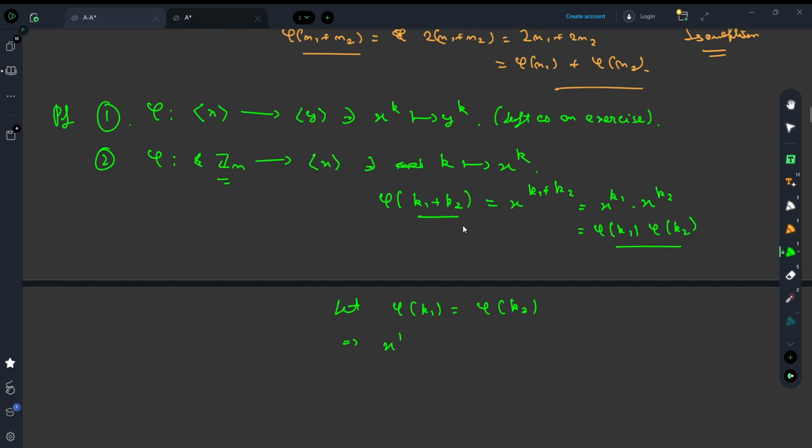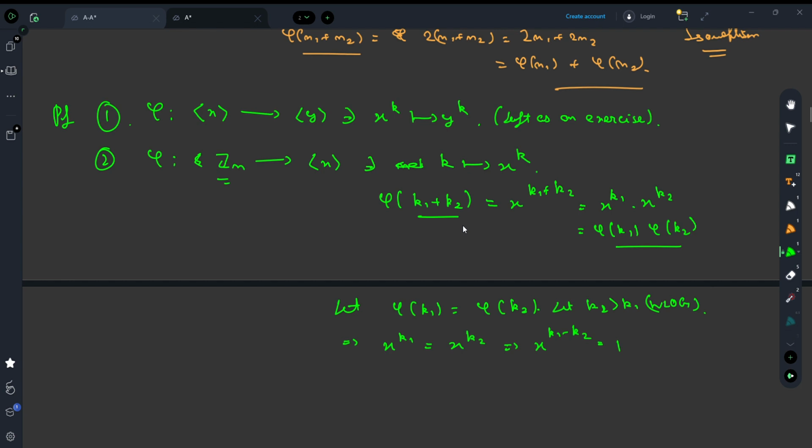Is it one-one? Let phi of k1 be equal to phi of k2. Then that implies x to the power k1 is equal to x to the power k2, obvious from the definition. So this implies that x to the power k1 minus k2 is 1. Let k1 be greater than k2 without loss of generality.